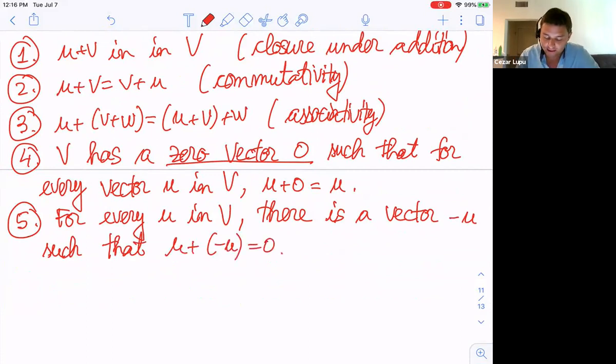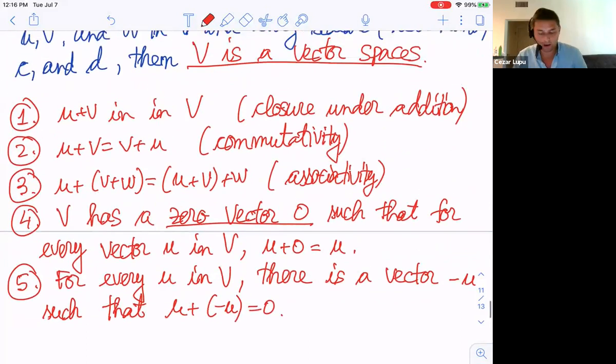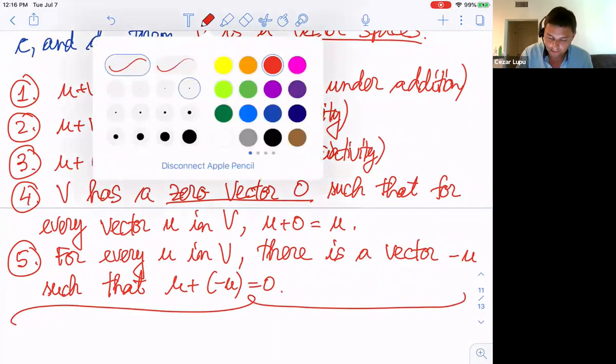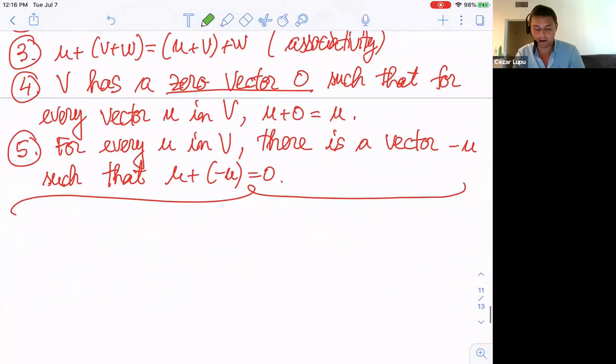Okay, I want to point out, and let me be clear enough, that these are the axioms for addition, so for vector addition.